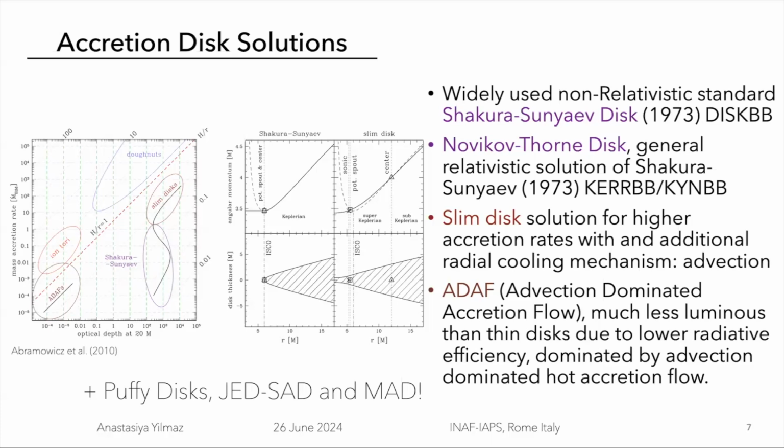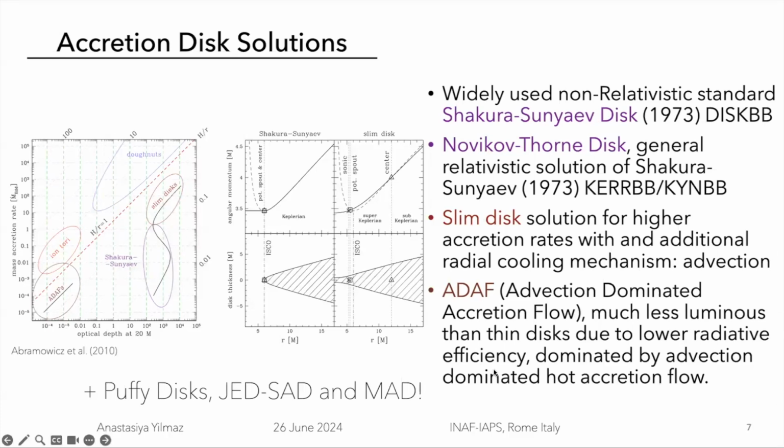There are also other solutions called puffy disks, which is actually a very nice stationary solution for higher luminosity scales, and that's a very nice theory that we can start including in the study of ultraluminous X-ray sources, because it also includes the effects of beaming.